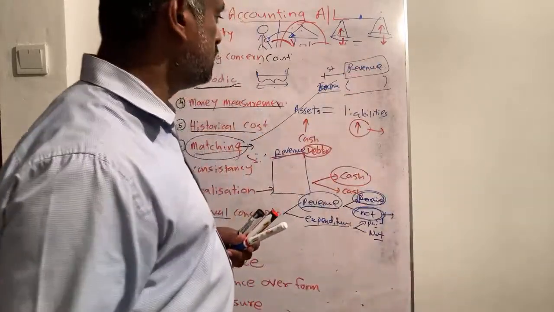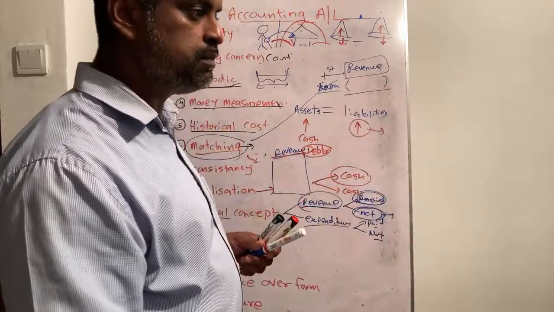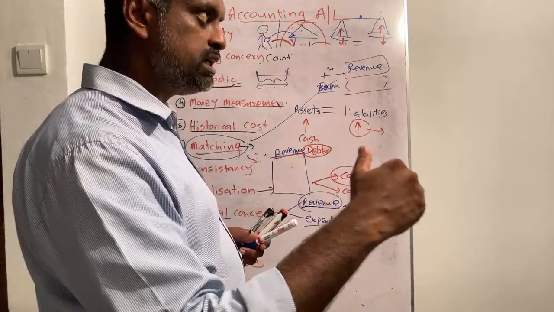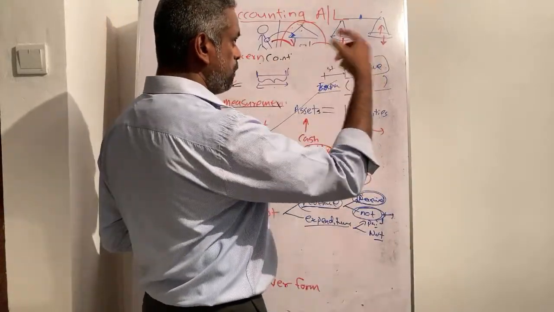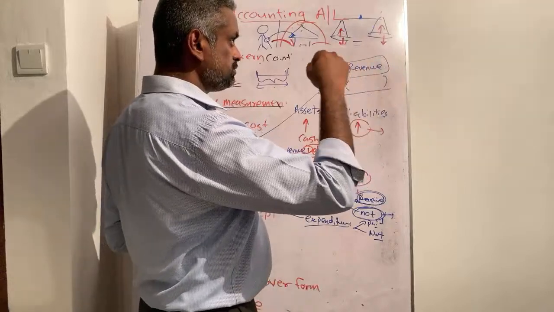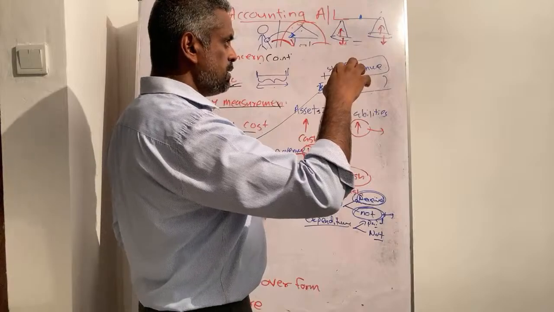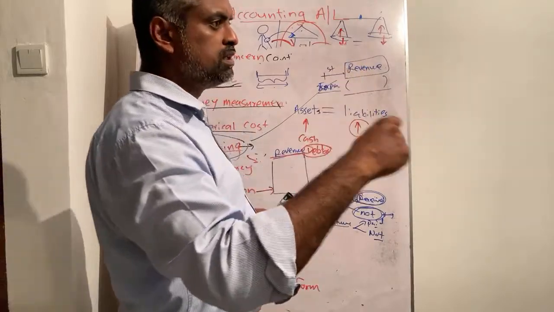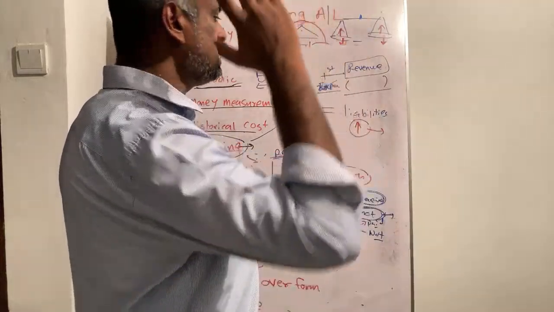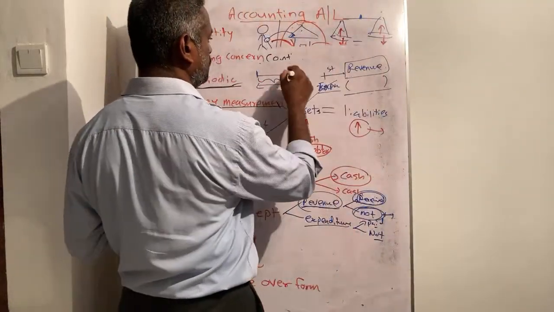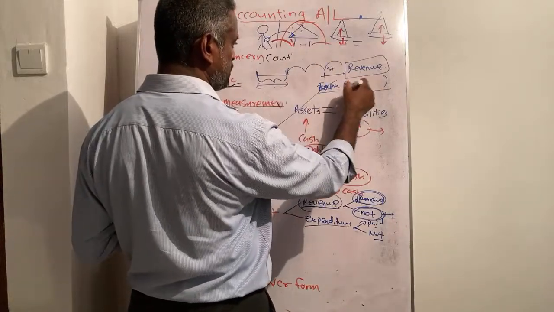Otherwise you can't deduct. For example, some expenditure may not be incurred for revenue generation. For example, you have paid something for an asset which you are using for a longer period of time than this period, right? So the entire expenditure you cannot deduct here.